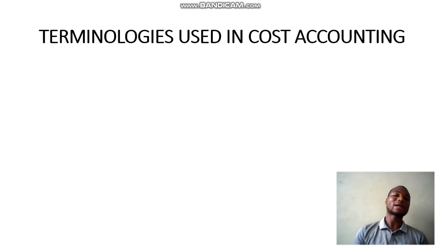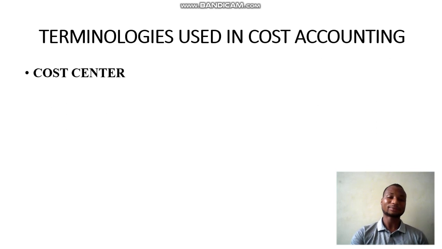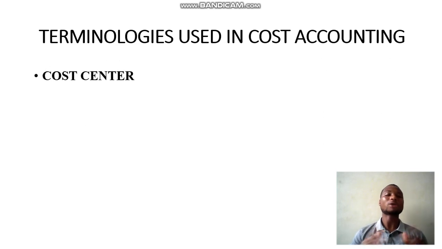The first terminology, and the most widely used, is a cost center. When we say a cost center, what do we mean? A cost center simply refers to a person or a location to which we can ascertain cost. If a watchman or a security guard in your factory, or a sales personnel, is a person from whom we can ascertain cost, then we say that person is a cost center.